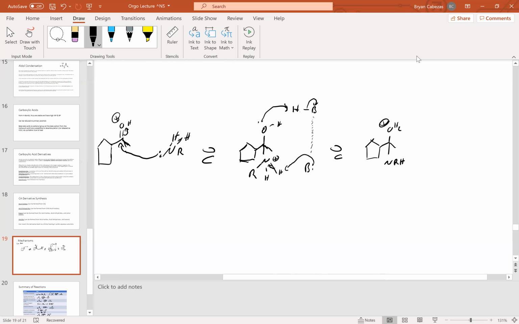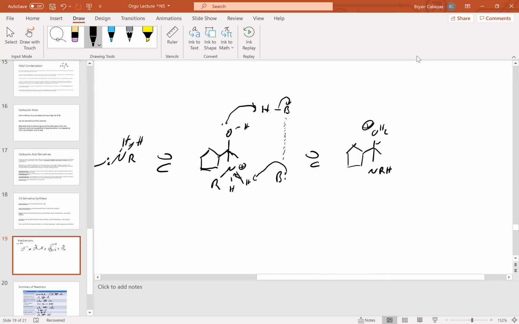So now that we have this group, what we're going to have after this is the water molecule is going to come in, like this water molecule right here, and take those electrons from our group.